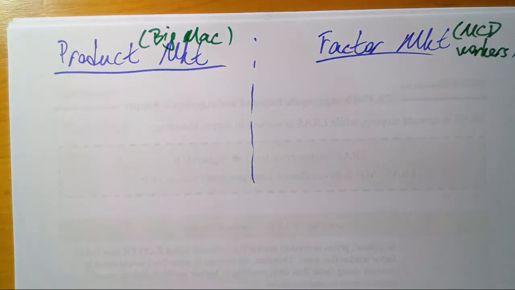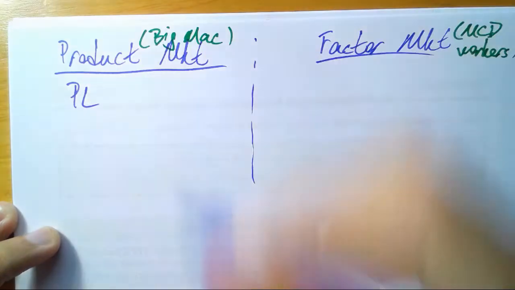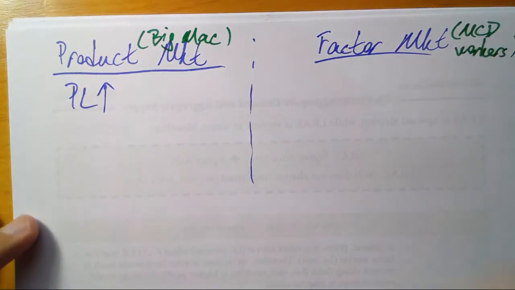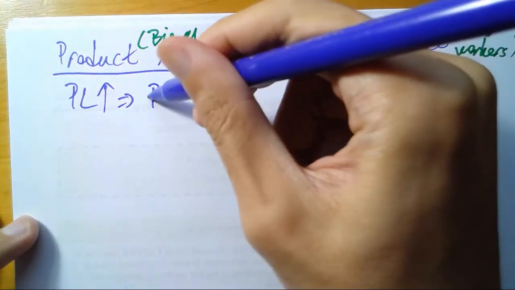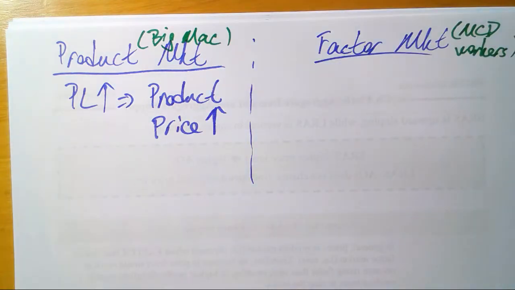Now usually what happens? Usually it goes like this. Price level increases, right? So our product price would increase, right?